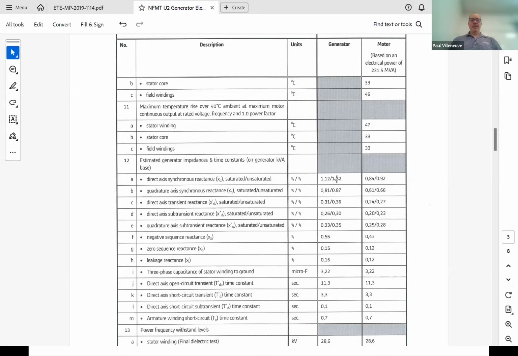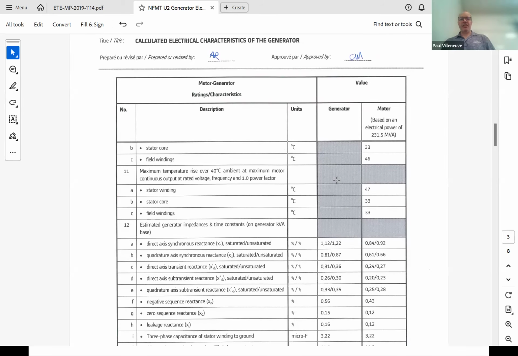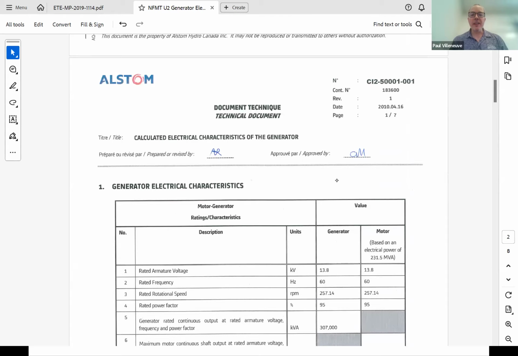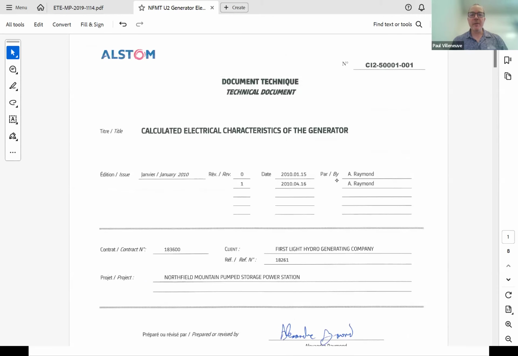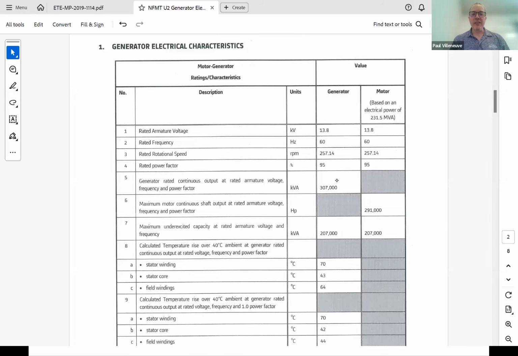Okay. The only problem is it might be a little bit ambiguous to understand because it says it's in percent. I will tell you, if you multiply that value by 13.8 kV squared divided by, let me see what the power rating is in this one. I can't remember off the top of my head. I think it's 289. Oh, where are you? 307.